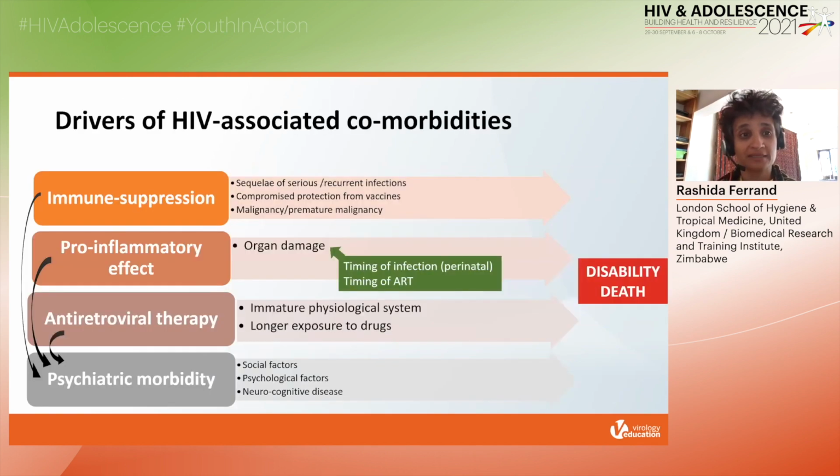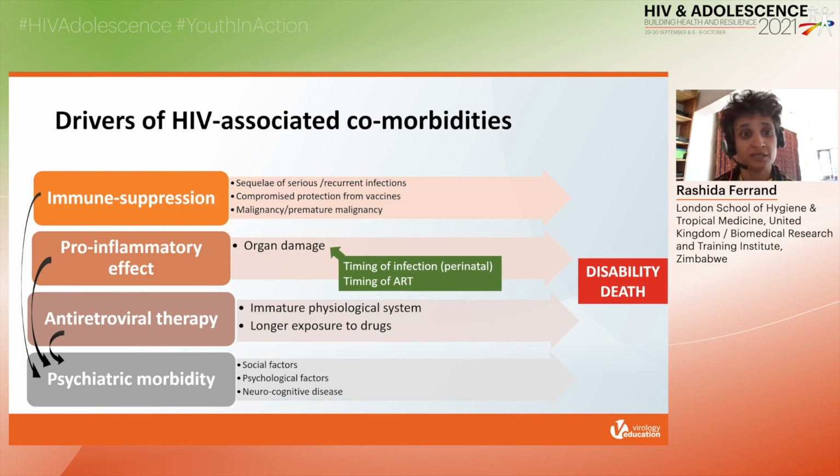Let's have a look at drivers of HIV-associated comorbidities. So there are a number of reasons for us to see that children, despite ART, are at risk of having a number of comorbidities. One of the reasons is immunosuppression. There are sequelae, consequences of serious recurrent infections, for example, chest infections.